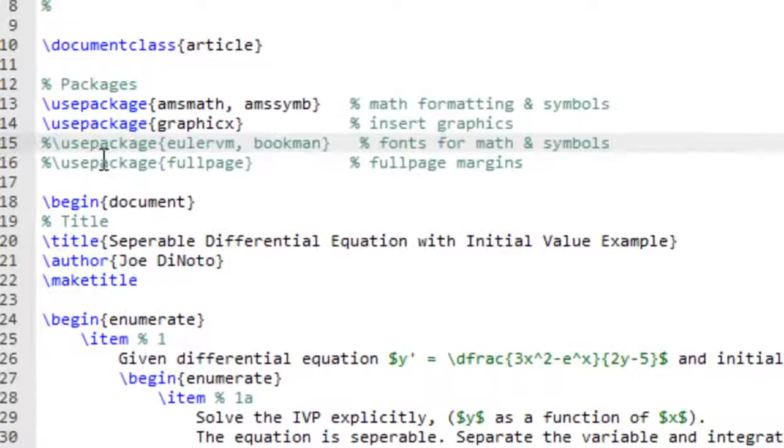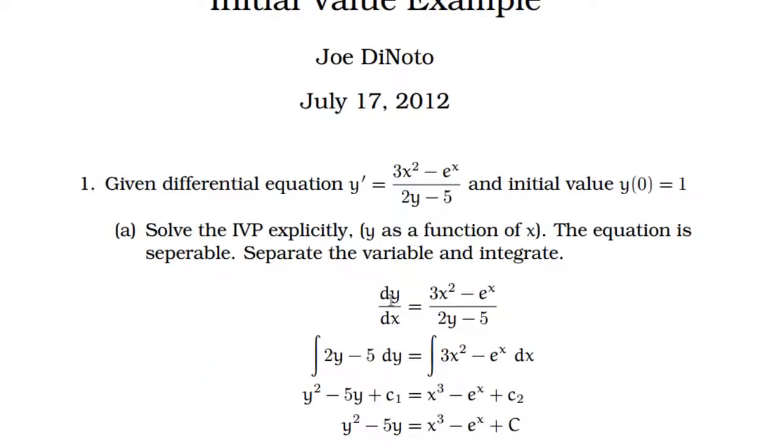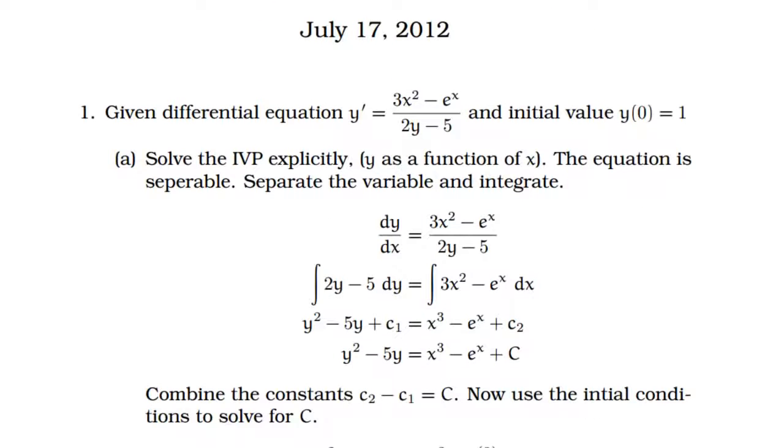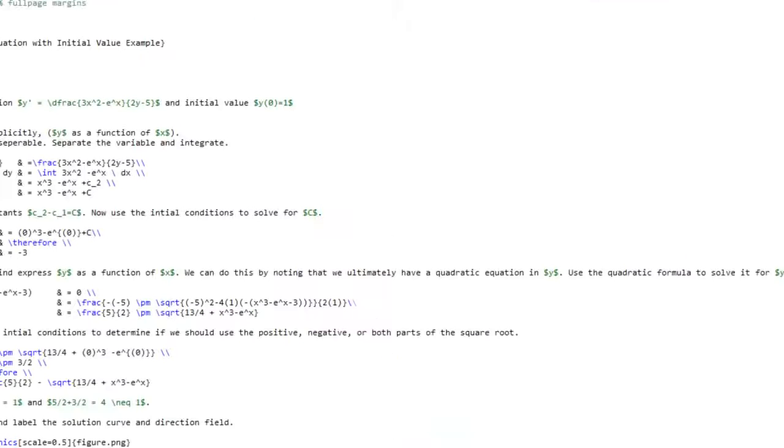If I use Bookman and Euler VM, and I go to PDF, okay, the font is a little bit thicker. The math font changes a little bit. I find this a little bit easier to read sometimes, just my personal preference, and whatever you like is your preference. It really doesn't make a difference, but it's nice to know that it's there.